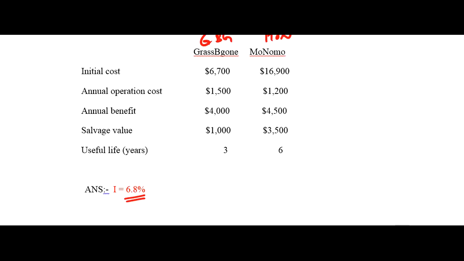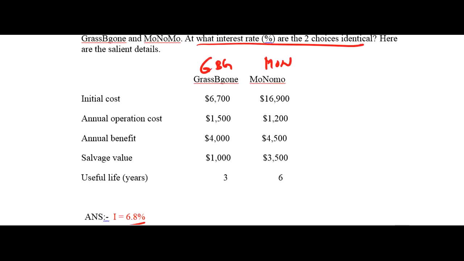For this we tried an Excel sheet with trial and error for different percentage values, and we need to compare these two so that both choices become identical, or seem to be identical.